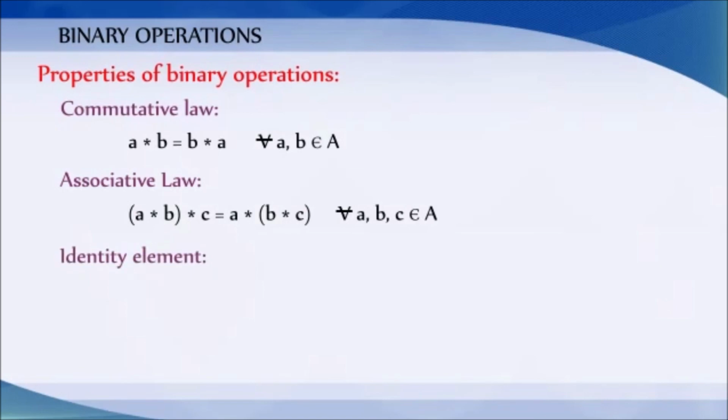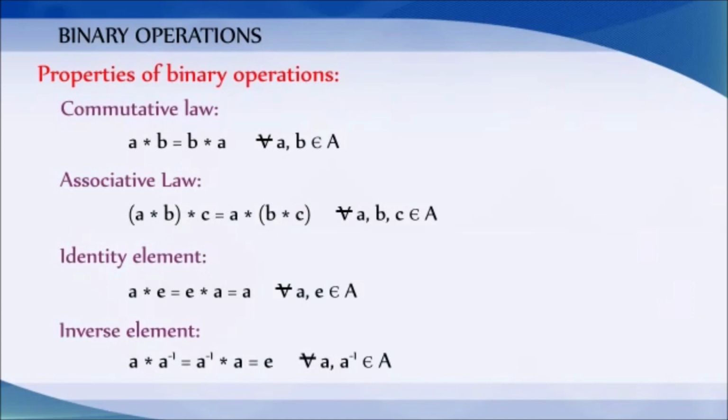Identity element. A set A is said to have an identity element with respect to the binary operation star if there exists an element e belongs to A such that e star a is equal to a star e is equal to a, where a belongs to A. Let e be the identity element for the set A with respect to the binary operation star.